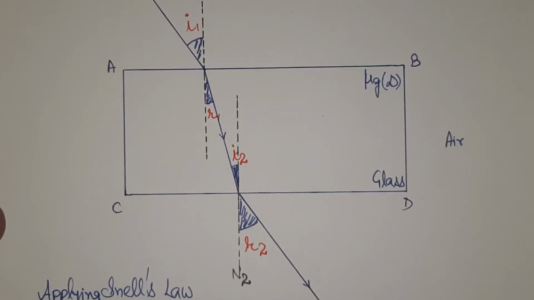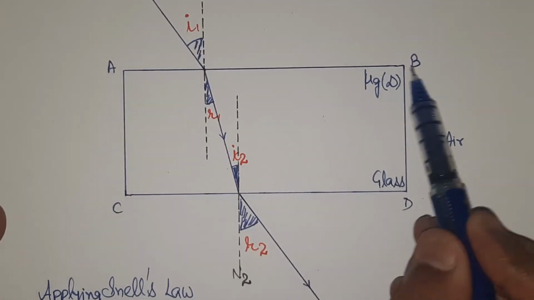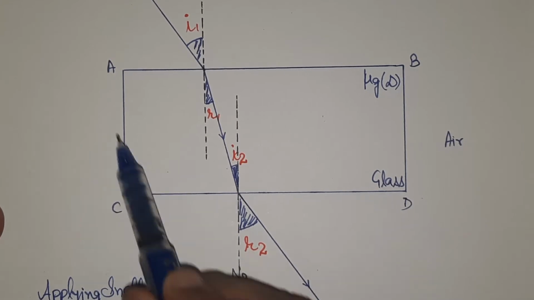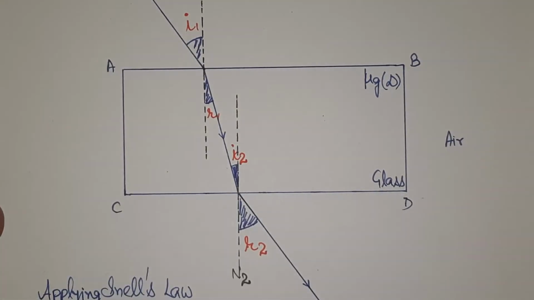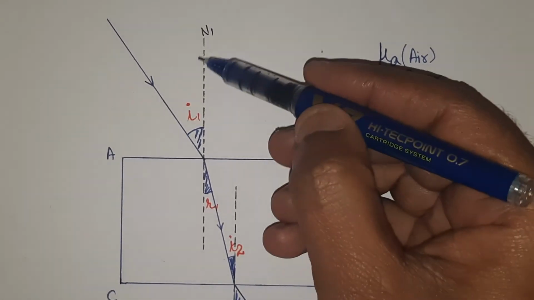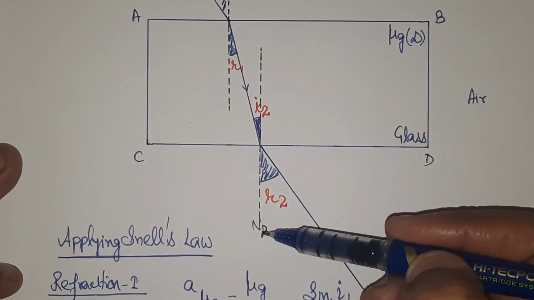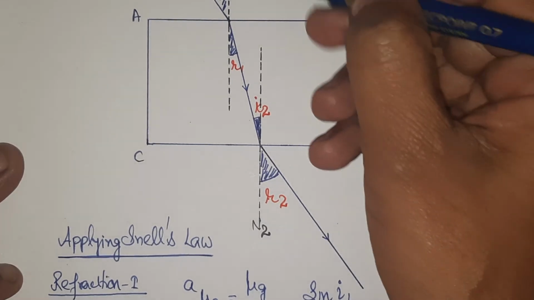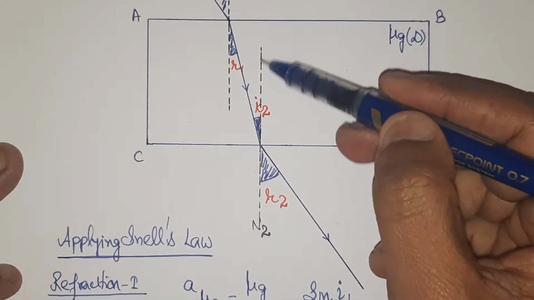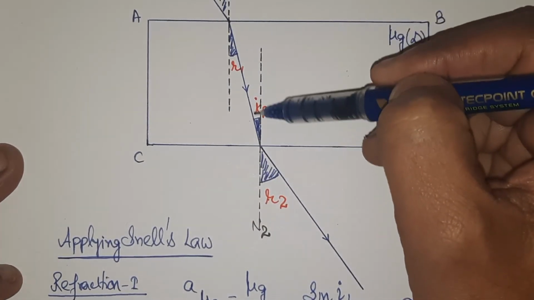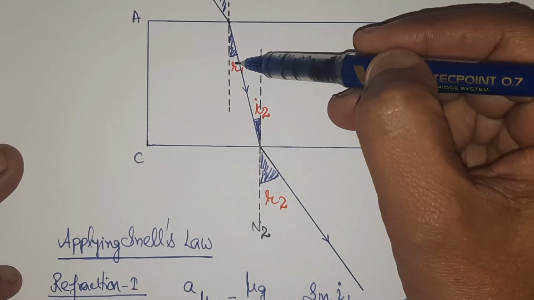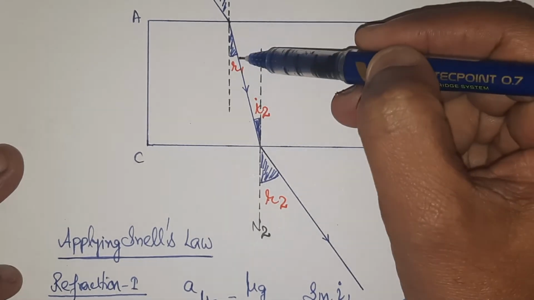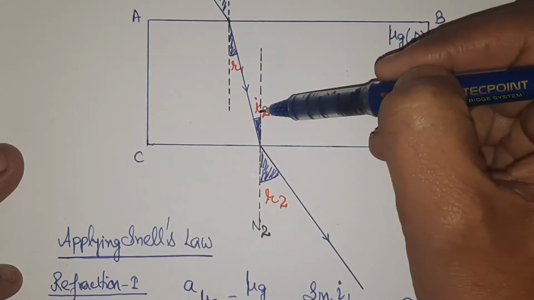See this diagram. As AB is parallel to CD, in a rectangular slab, will this normal N1 be parallel to normal N2 or not? So N1 and N2 are both parallel. This line is cutting them, so R1 has to be equal to I2. R1 should be equal to I2.